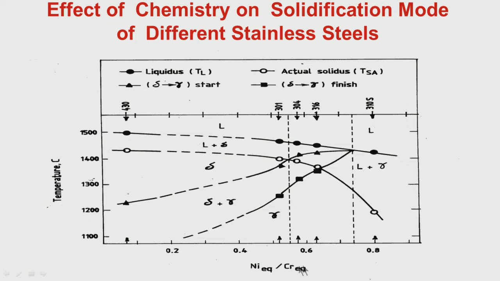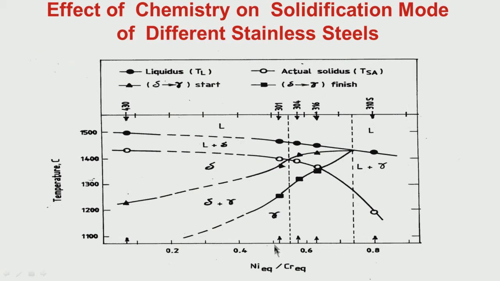If it is more than 0.55, look at this particular grade 310S, which is very much austenitic, only austenitic solidification is taking place: liquid, then liquid plus gamma, then finally gamma. So, like percentage carbon indicating the mode of solidification, here nickel equivalent by chromium equivalent indicates the mode of solidification, the solidification sequence.